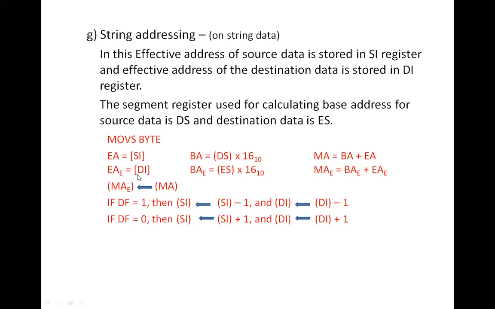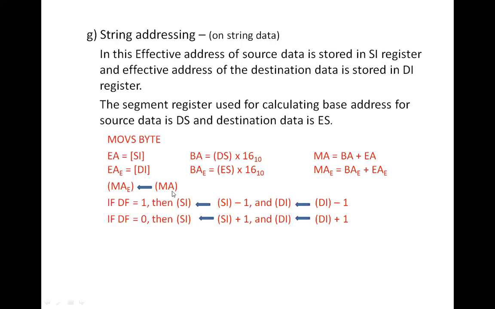The effective address is given by the destination index register, and the base address is given by the extra segment register. Then we calculate the destination memory address, that is base address plus effective address. So MA is the source address and MAE is the destination address.